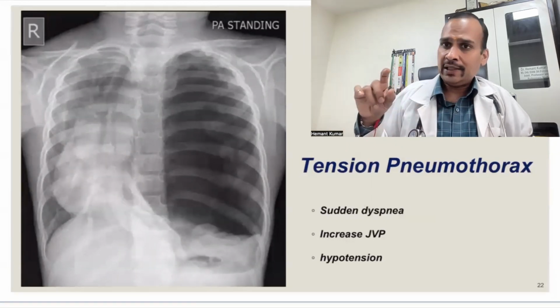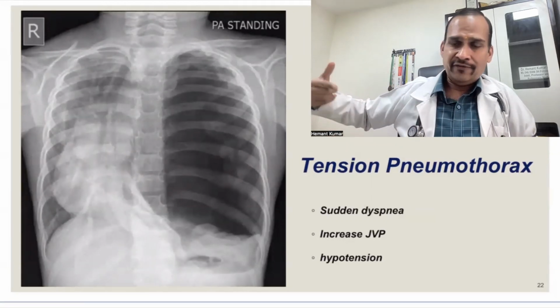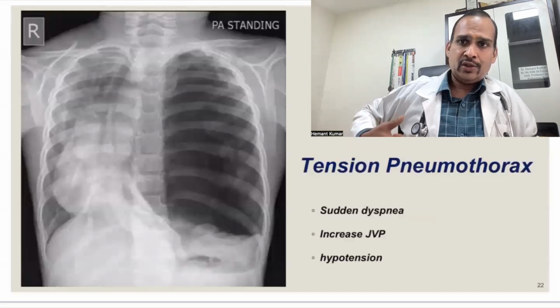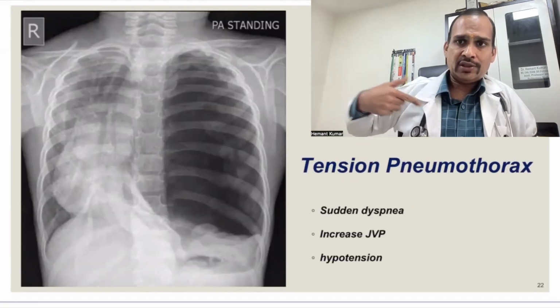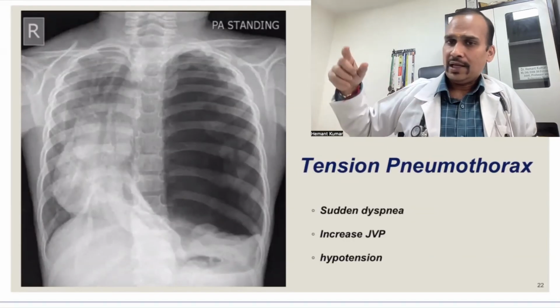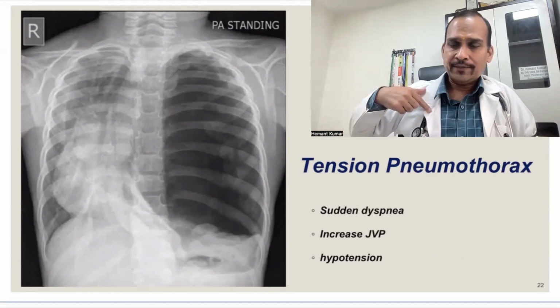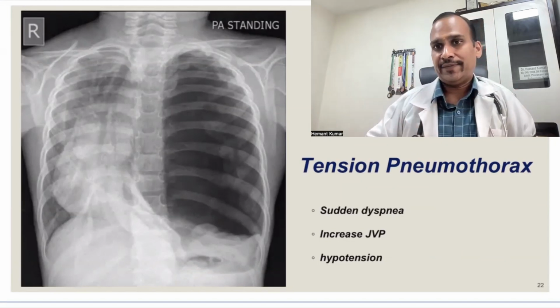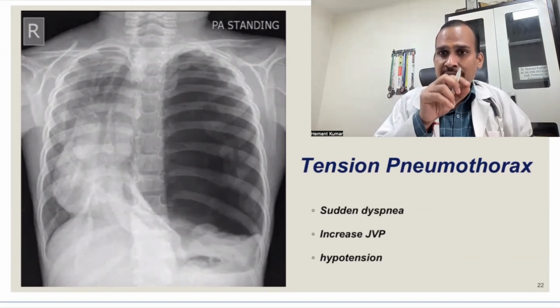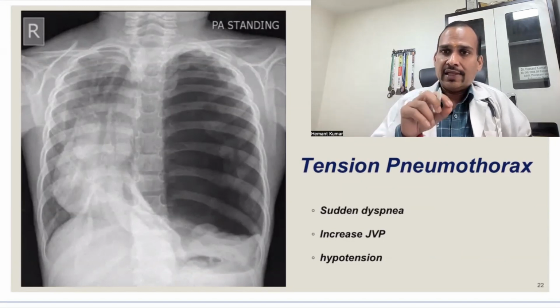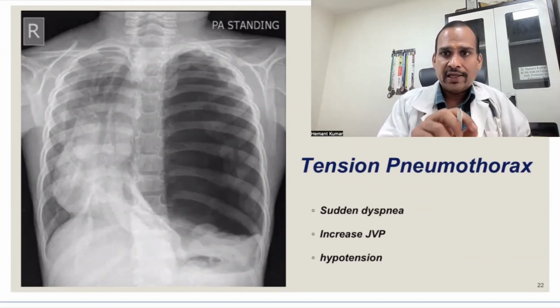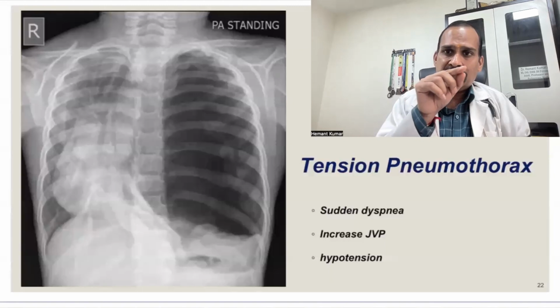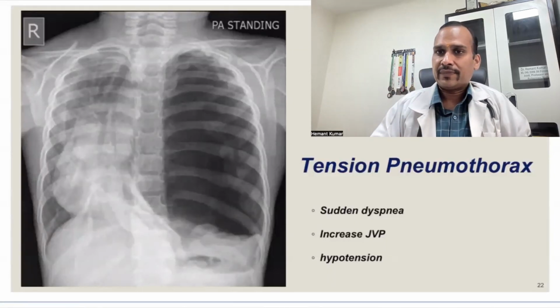Air can go inside from the environment, through a puncture or some stab wound from the environment to the pleural cavity, or it can come from the lungs to the pleural cavity. If there is some focus in the lungs, the lung will rupture and create a connection between the lungs and the pleural cavity.